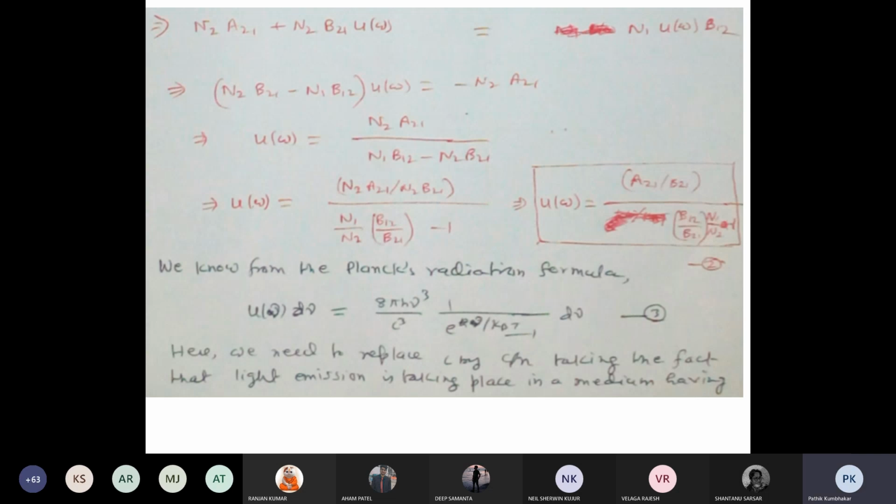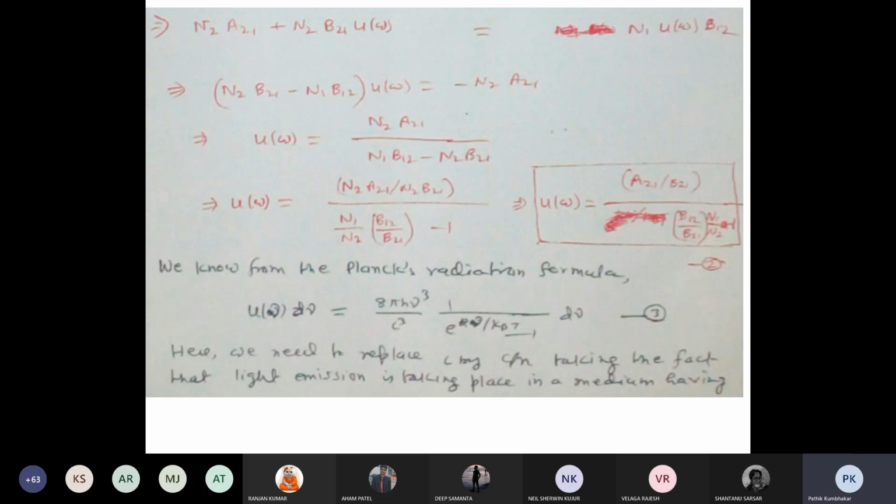Einstein did it in 1917. Before 1917, Max Planck had already given his radiation formula, which describes the energy density of the radiation. So in science, when you discover a new theory, it should be able to explain the earlier one, which is already verified by experiment.